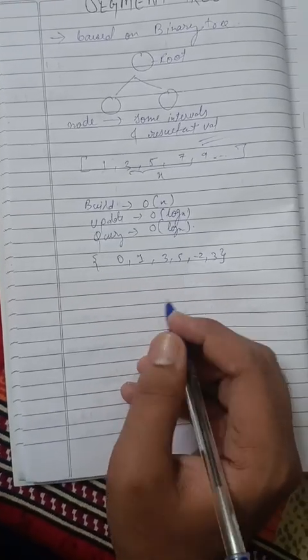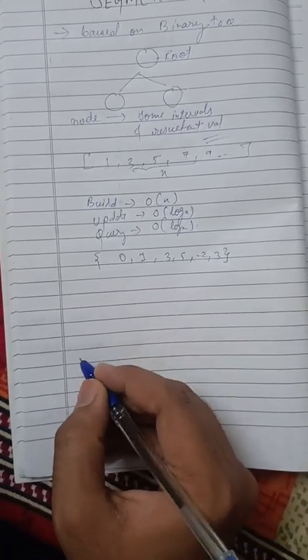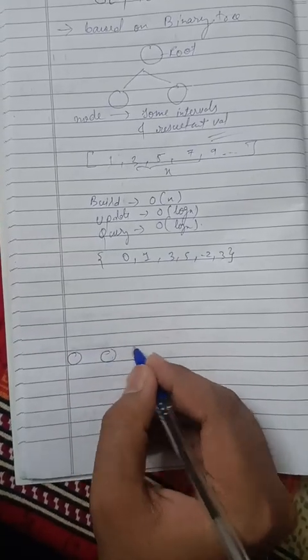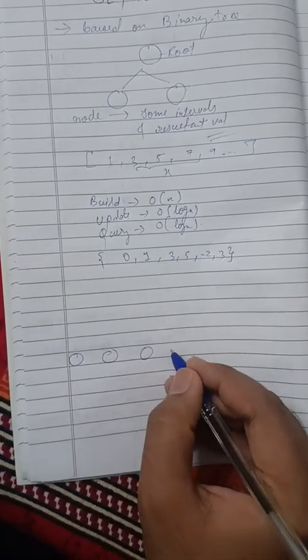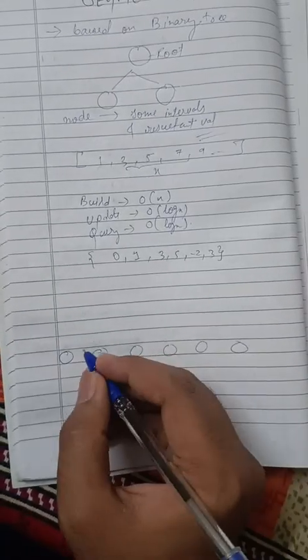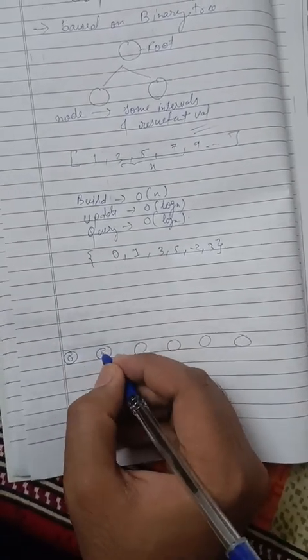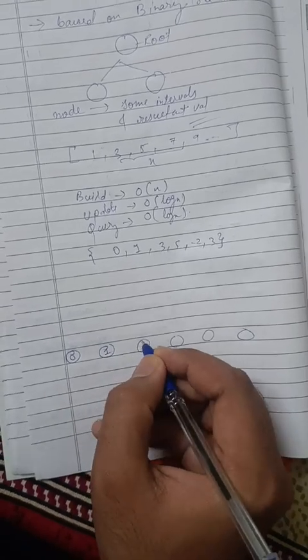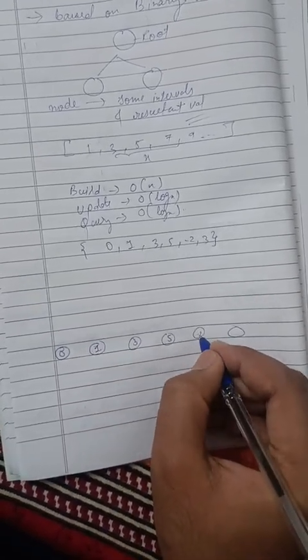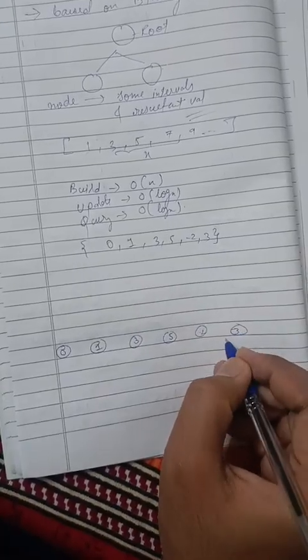So we will make 6 nodes at the base. This one will be 0, 1, 3, 5, minus 2 and 3.